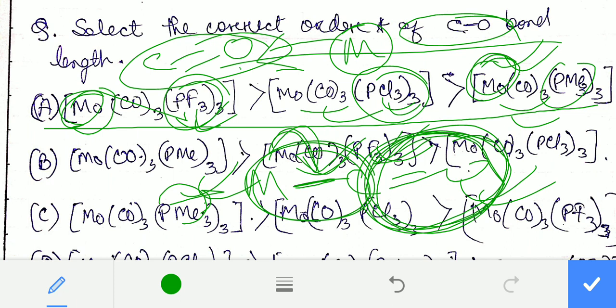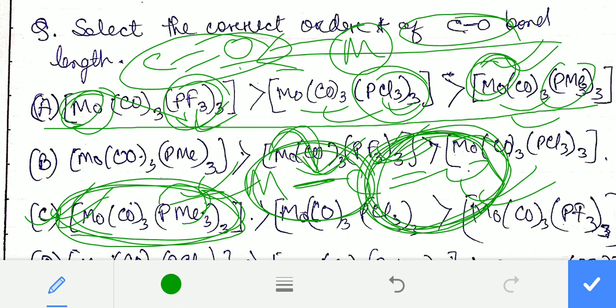Least bond order means a weaker bond, and weaker bonds have a larger bond length. So option C is the right option, because here the CO bond length will be larger than in PCl3 and PF3. So for this question, option C is the right option.